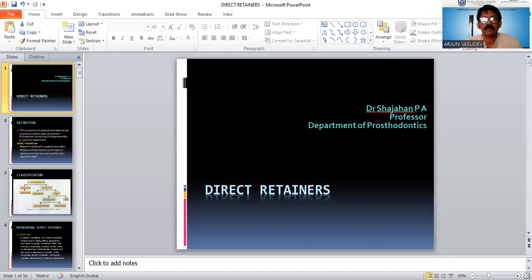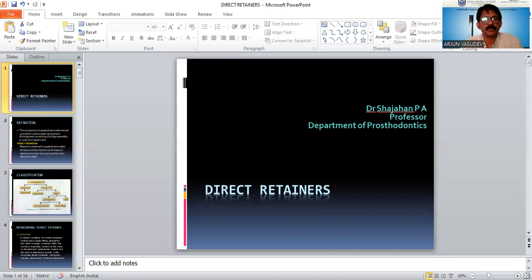It is the maximum bulge area to which a corresponding survey line is marked. So that is height of contour, the maximum bulge area. Below that, below the maximum height of contour we will get undercuts.